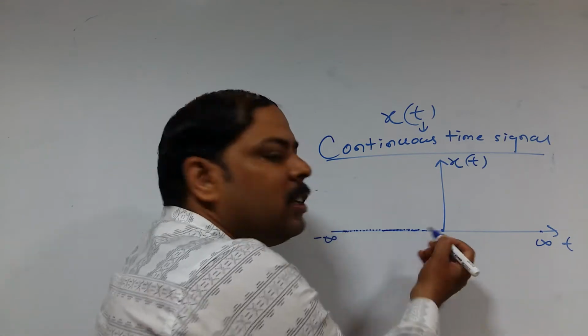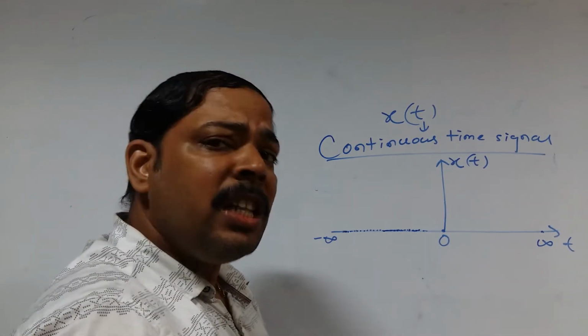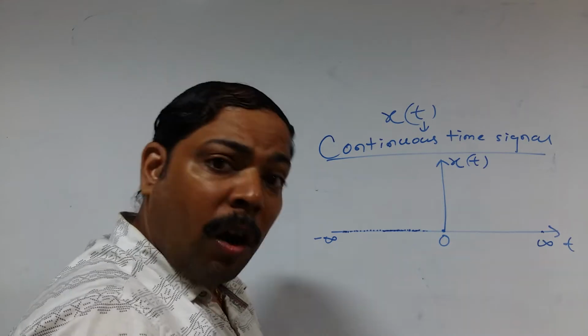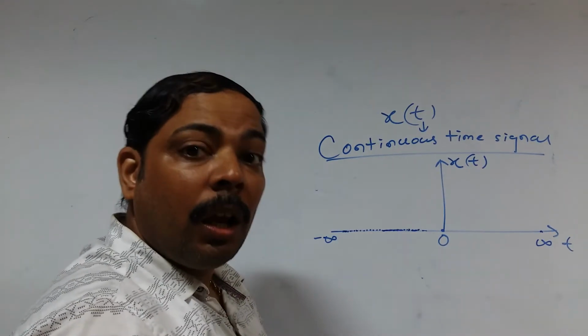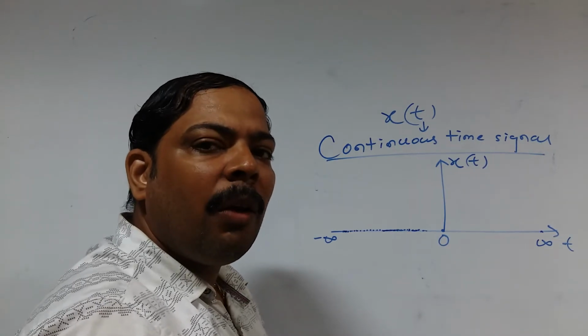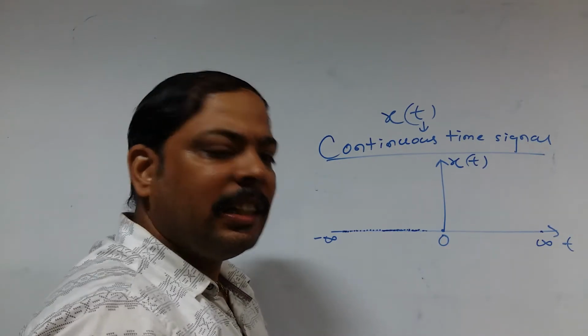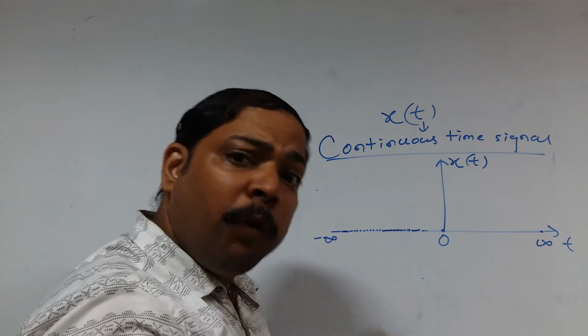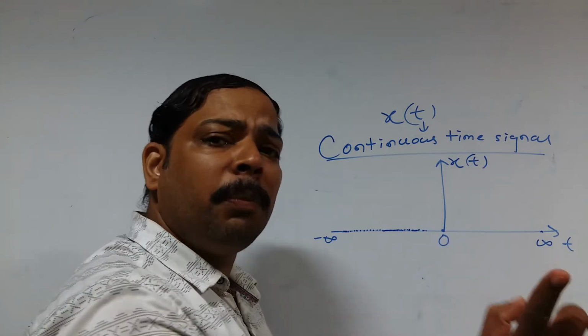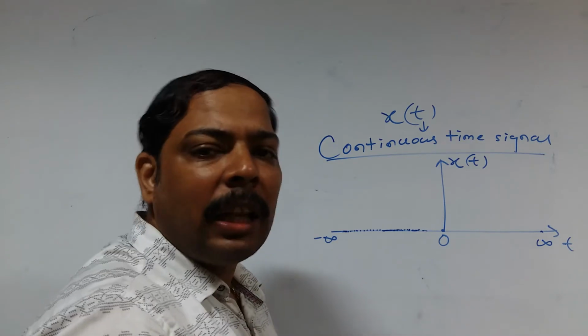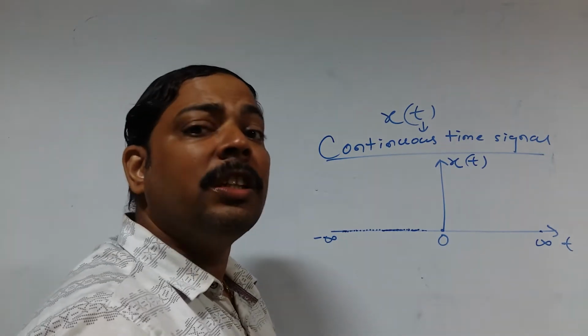Now, for each and every point from minus infinity time to plus infinity time, if the signal value exists, that means the signal is defined for each and every time point from minus infinity to plus infinity. That means the signal is said to be a continuous time signal.